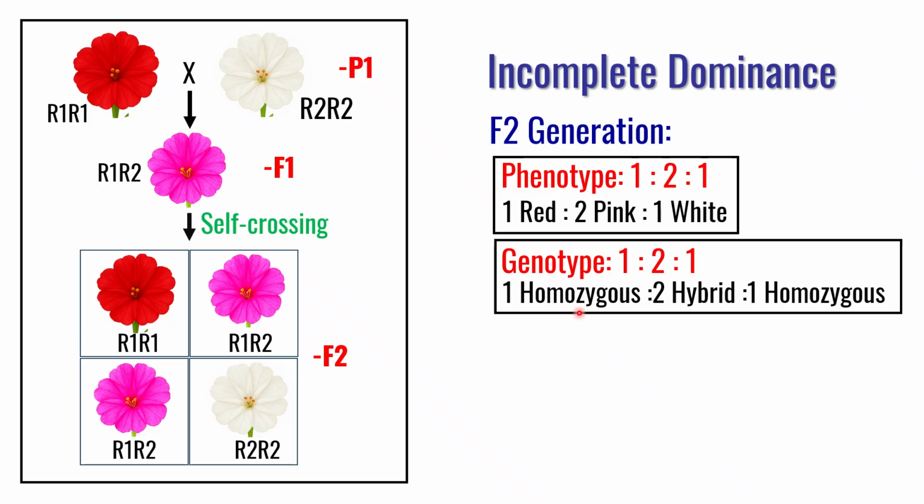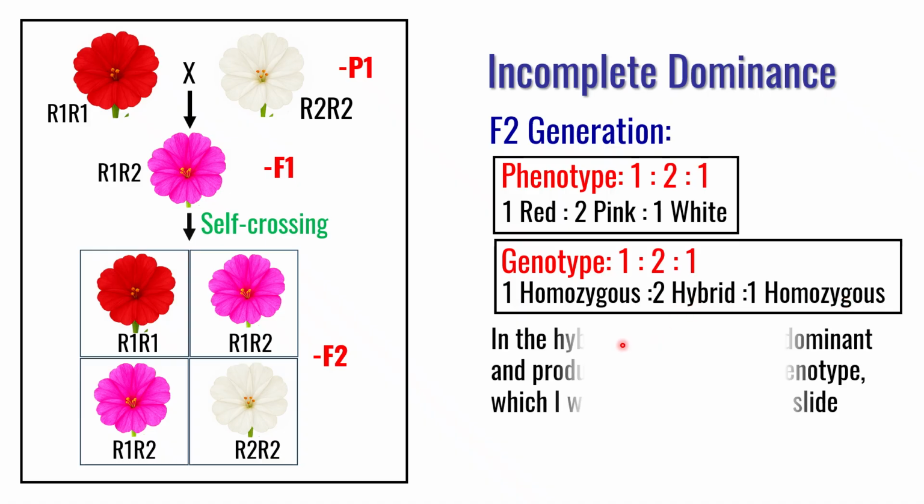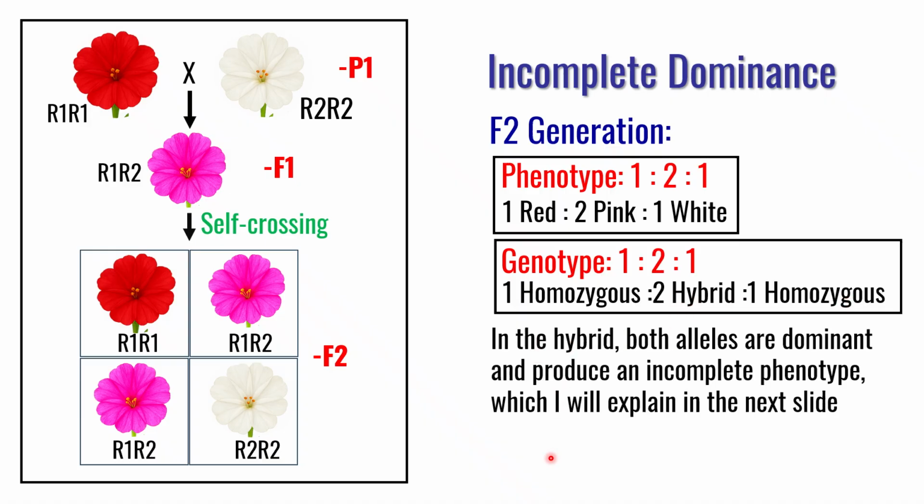The genotypic ratio is also 1 is to 2 is to 1: 1 homozygous red, 1 homozygous white, and 2 hybrid pink. So in the hybrid both alleles are dominant, that is why the capital letters have been selected, and they produce an incomplete phenotype which I will explain in the next slide.